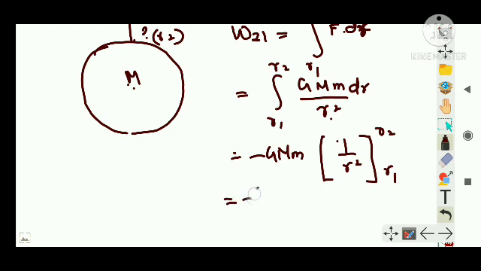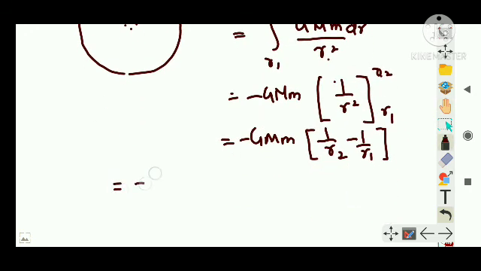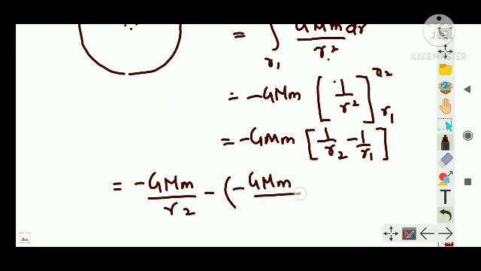So this is minus GMm times 1 by r, then I substitute the upper limit, that is 1 by r2, minus 1 by r1 for the lower limit. Clear? That is equal to minus GMm by r2 minus (minus GMm by r1).